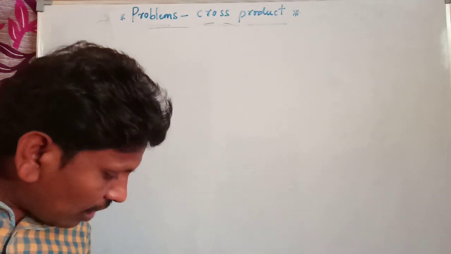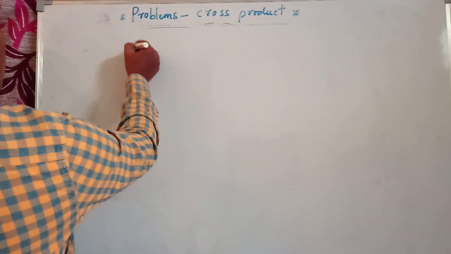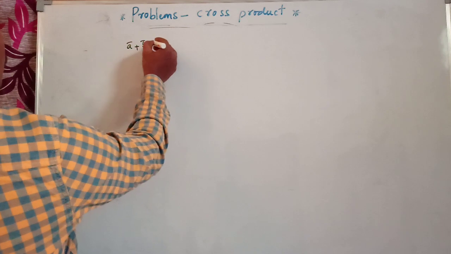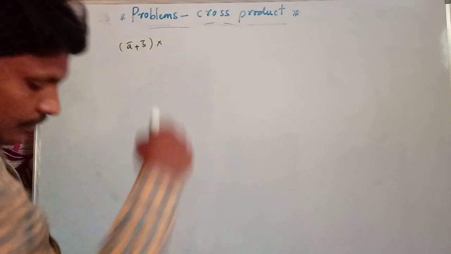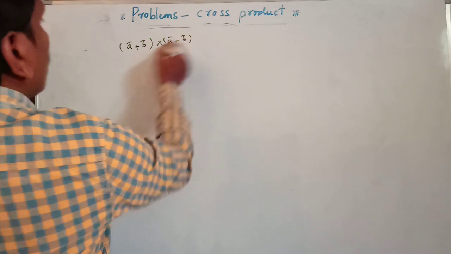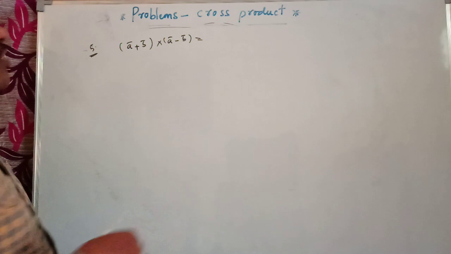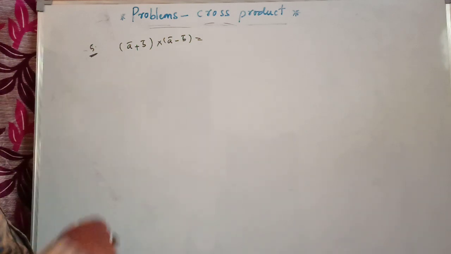Okay, the value of A bar plus B bar cross A bar minus B bar. So what is the value of this? This is very simple, you know, the cross product.